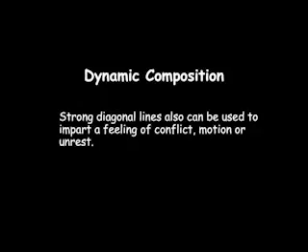Again, here this comes up again, where the drama in the picture, the speed, the intensity. So these diagonal lines can also be a little bit not so calming. They can be motion, or they can be a little bit more competing with each other or conflicting with each other.